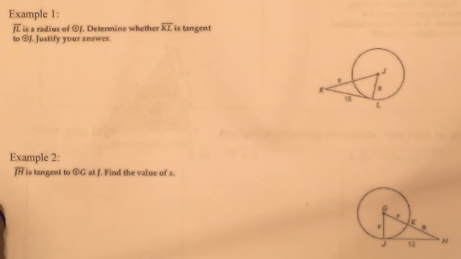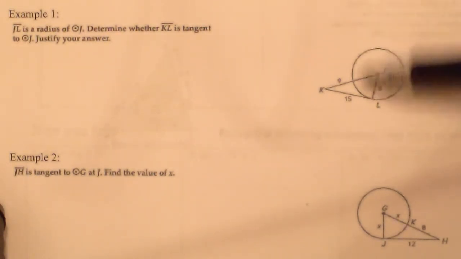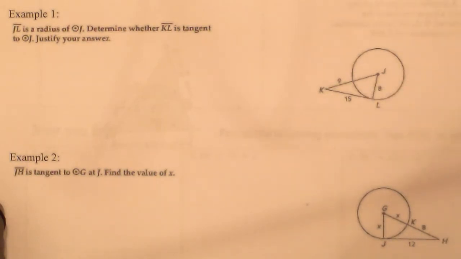So we see that the radius and that tangent line KL are forming a triangle, right? We want to test to see if it is a right triangle, because if it is, remember, from the radius to the tangent line, it's supposed to be perpendicular, right?